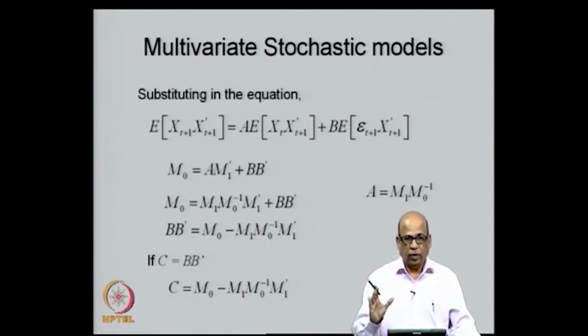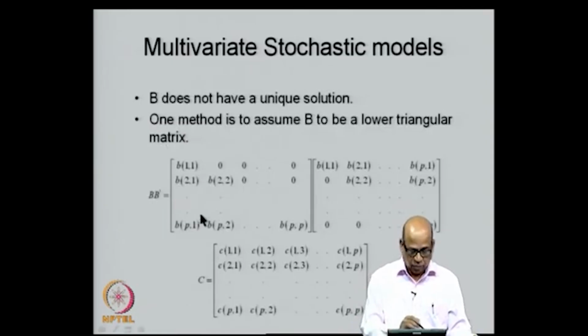The moment you have determined the cross correlations and the matrices M0 and M1, the matrix C is completely defined. And therefore, using the C matrix, now we have to determine the matrix B, and that is the exercise we are doing now.